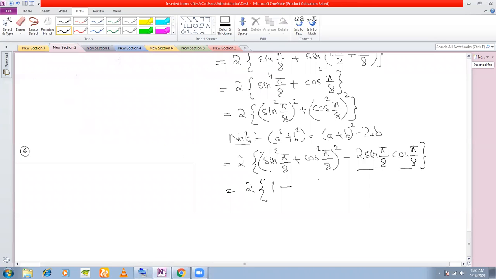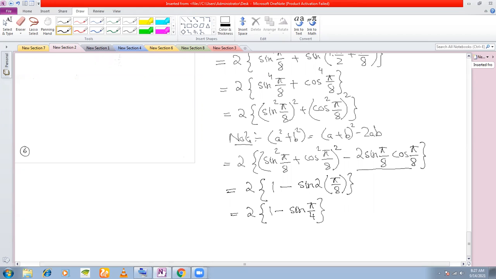This part here is a multiple angle formula. Sine 2 theta is equal to 2 sine theta cos theta. So this becomes sine of twice pi by 8. Right? So this becomes 1 minus sine pi by 4.